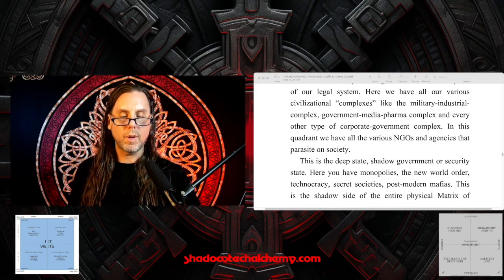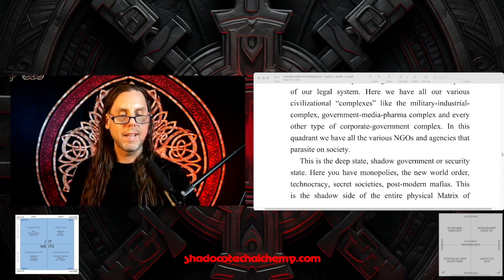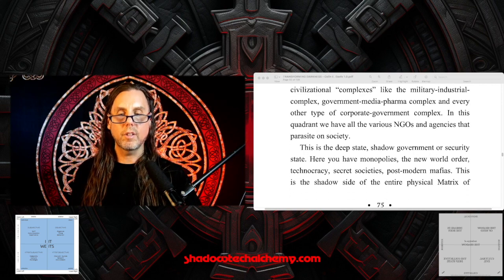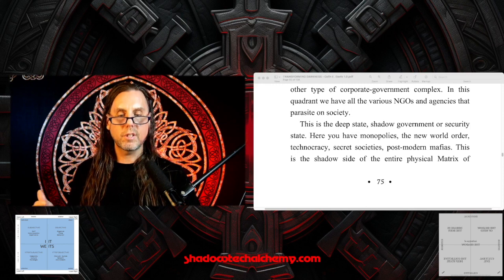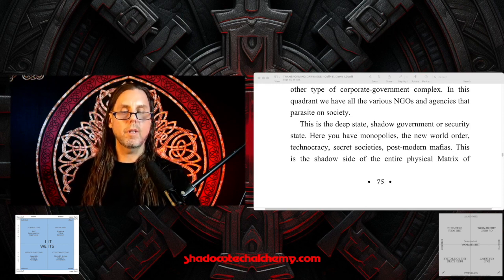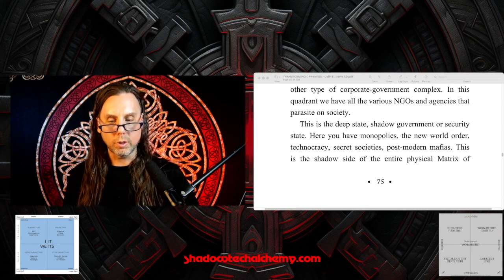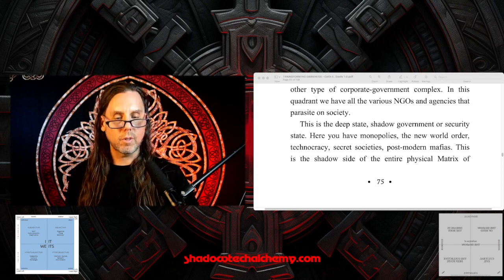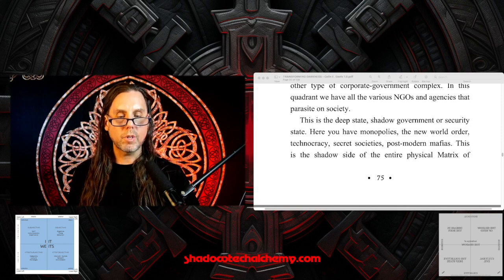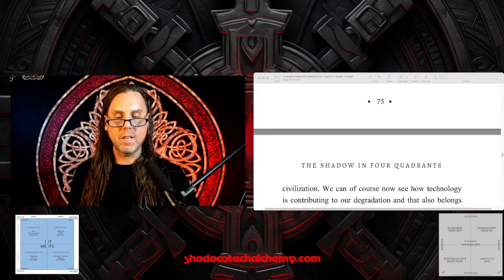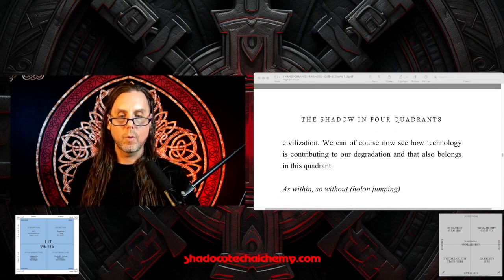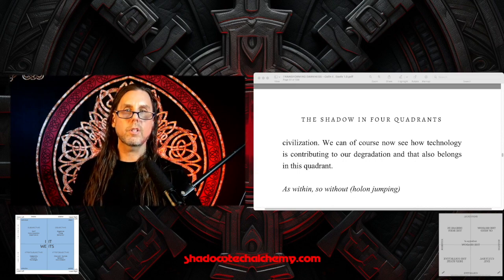In this quadrant, we have all the various NGOs and agencies that parasite on society. This is the deep state, shadow government, or security state. Here you have monopolies, the New World Order, technocracy, secret societies, postmodern mafias. This is the shadow side of the entire physical matrix of civilization. We can, of course, now see that technology is contributing to our degradation, and this also belongs in this quadrant.